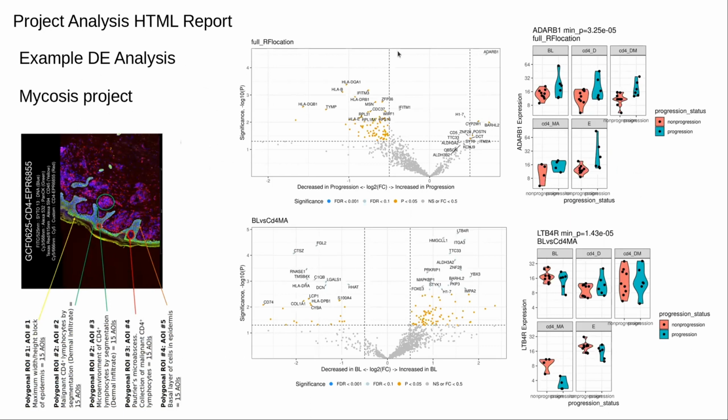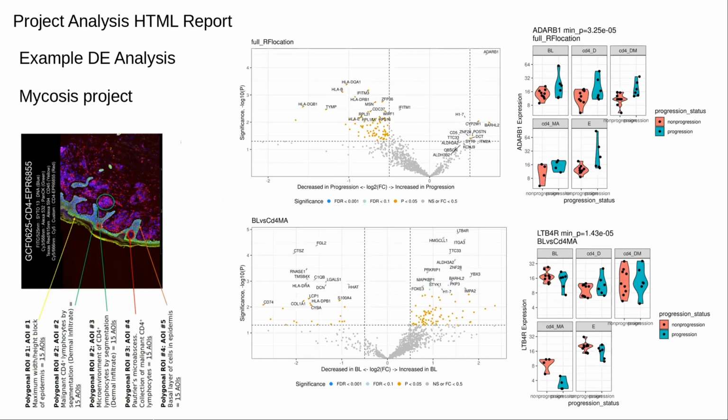So here on top we see volcano plots, plots of gene expression fold change, and the way you should read these is, for instance, at the bottom here, you have basal layer cells versus CD4 type of cells.